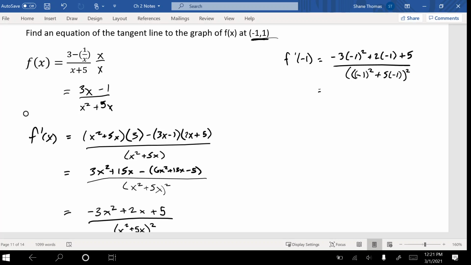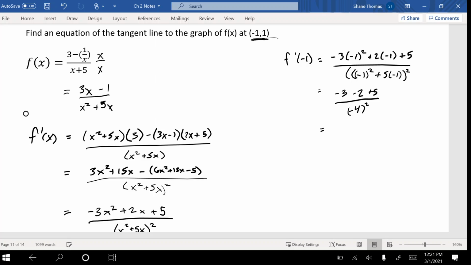All right, so that negative 1 here turns positive, so I have negative 3 minus 2 plus 5. On the bottom, work inside out, so that's going to turn positive 1. Positive 1 plus negative 5 is going to be negative 4.